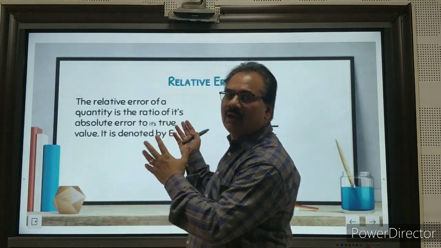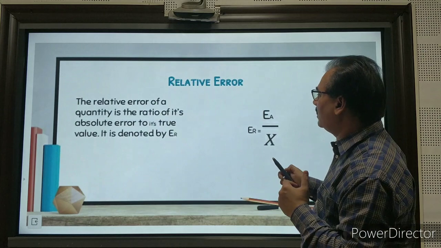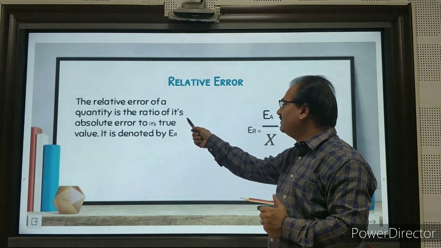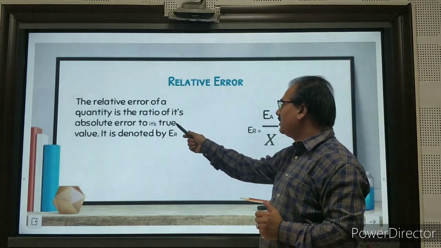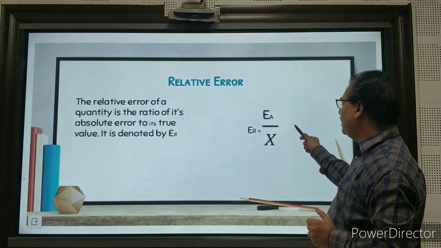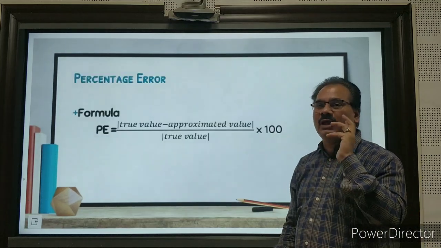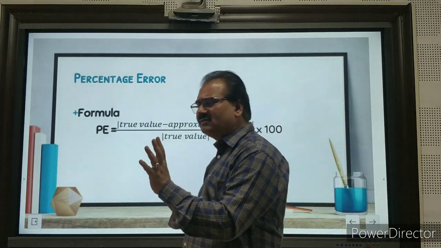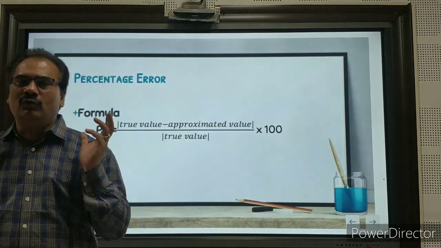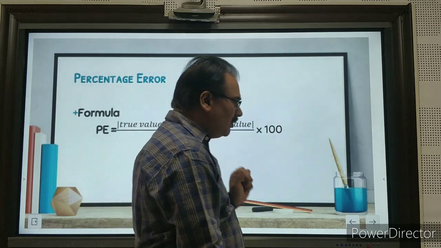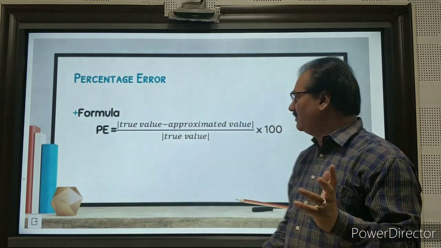But here we are going to discuss the relative error. The relative error of a quantity is the ratio of its absolute error to its true value, EA divided by capital X. So first of all we have to find the absolute error, then all other errors are associated with the absolute error. Similarly we can define the percentage error. That is quite easy.